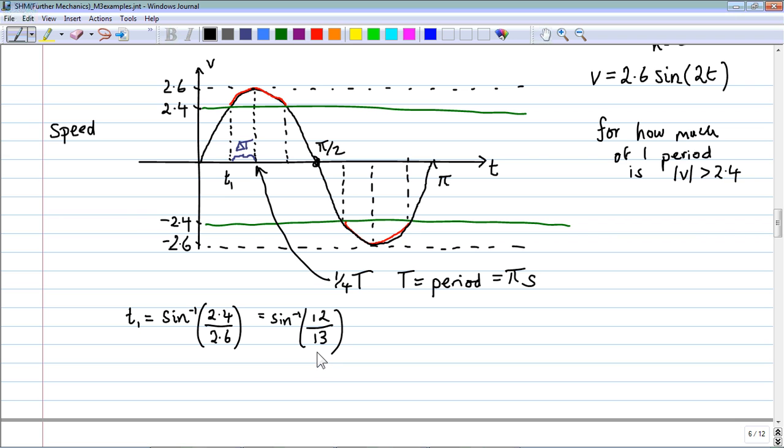And the time that I want, so let's call that delta t, is just pi over 4 minus that.